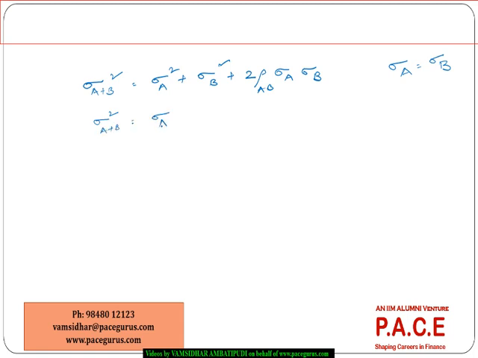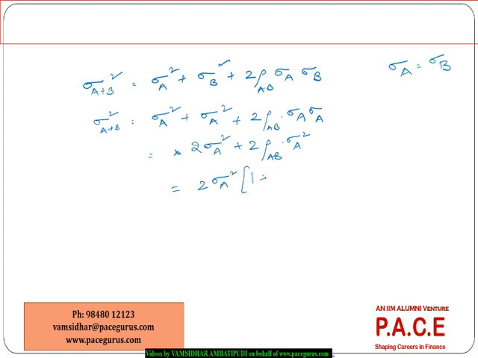Wherever sigma B is there, I'll substitute it with sigma A only. So, 2 times correlation between A and B, sigma A, sigma A. So, 2 sigma A squared plus 2 correlation AB sigma A squared. So I can very well take 2 sigma A squared times 1 plus the correlation between A and B.